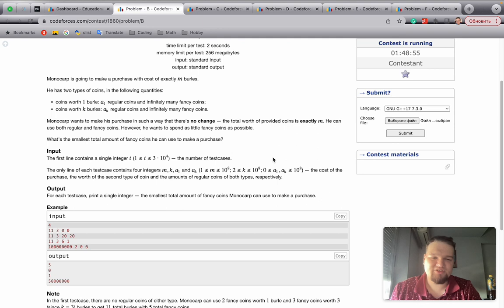We cannot just iterate over the split into coins of value K and 1, but it should be clear to see that it doesn't make sense to spend a lot of fancy coins that are worth 1.